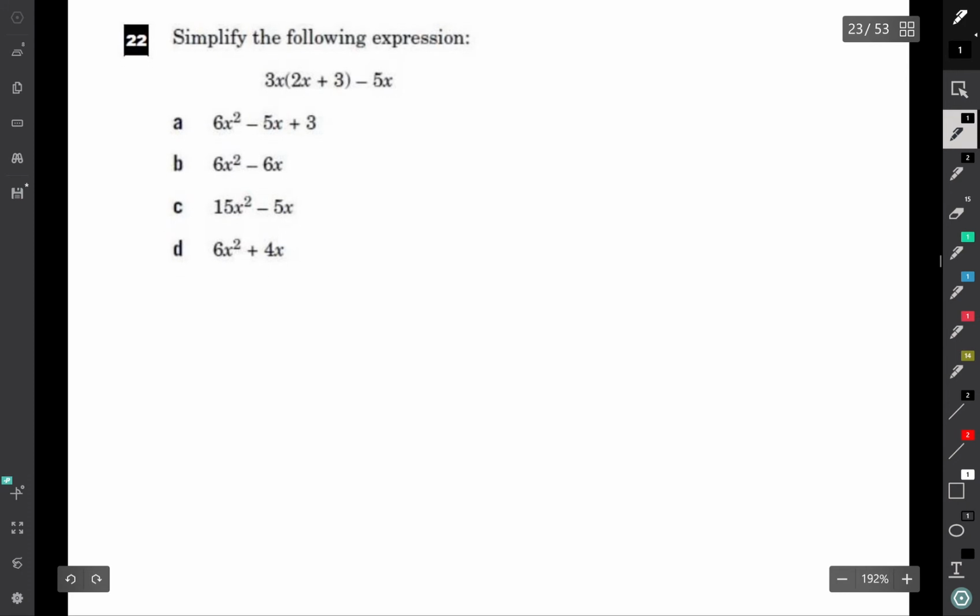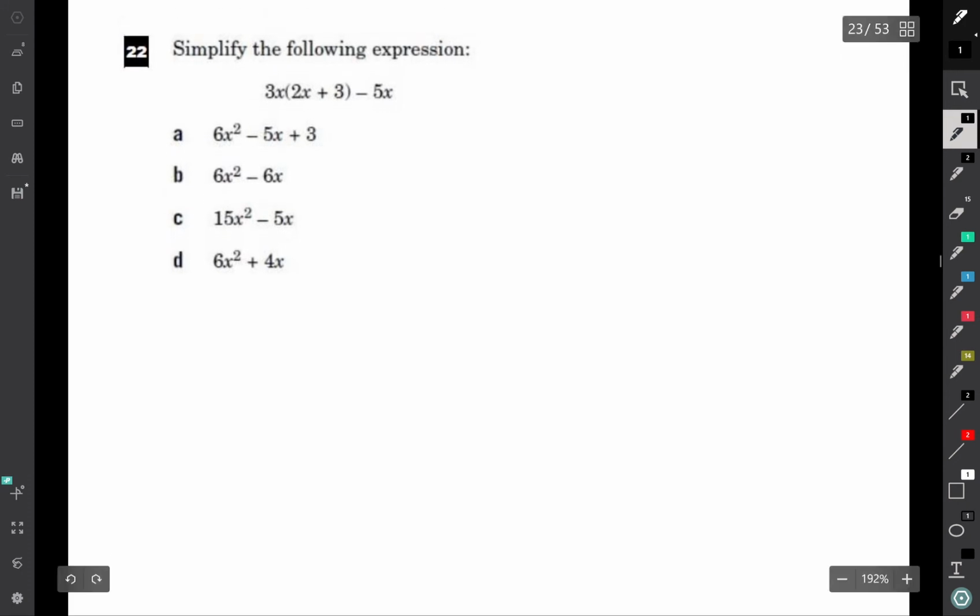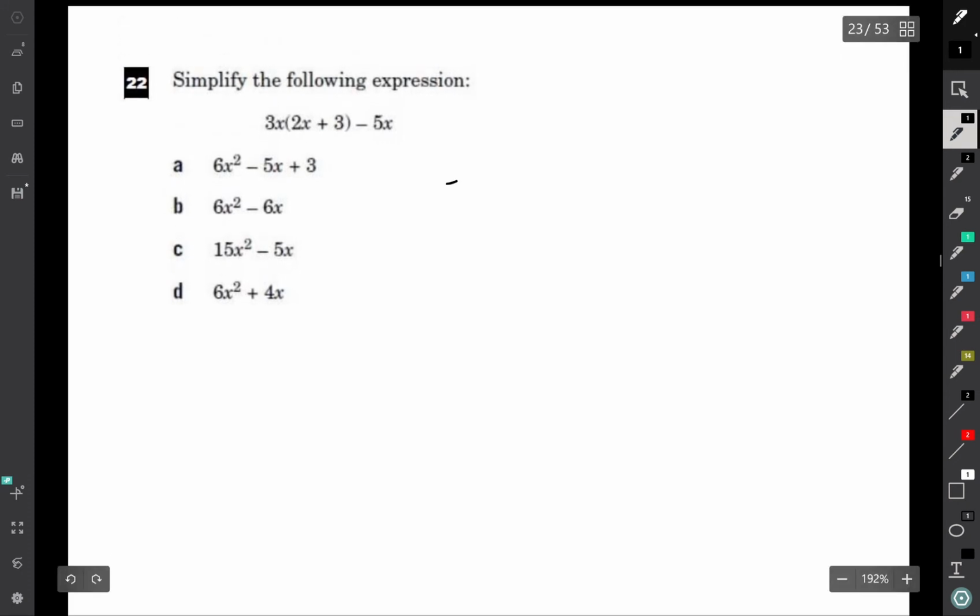22. All right, simplifying again. Same deal, same strategy. 3x(2x plus 3), all minus 5x. Okay, so again, I draw my arrows. They're fun to draw too. Kind of. Anyway.